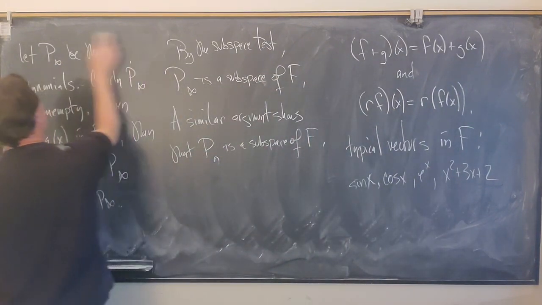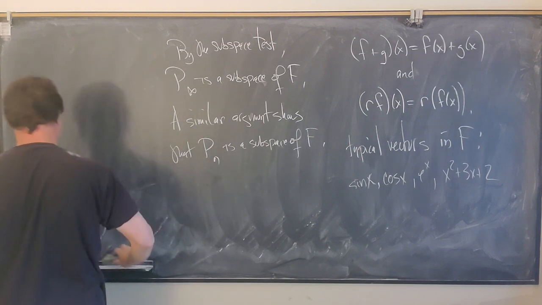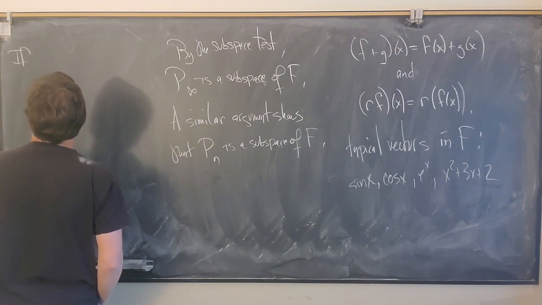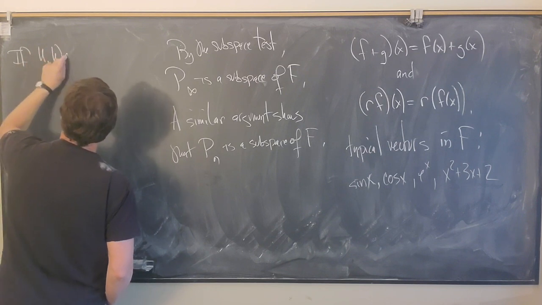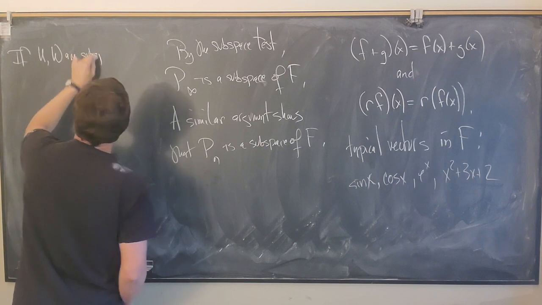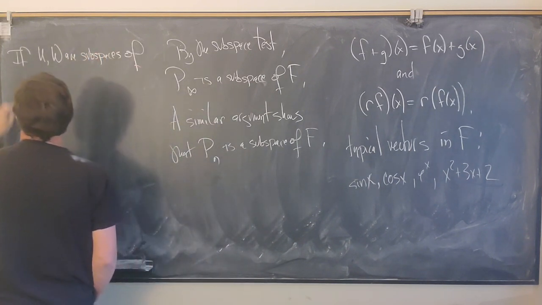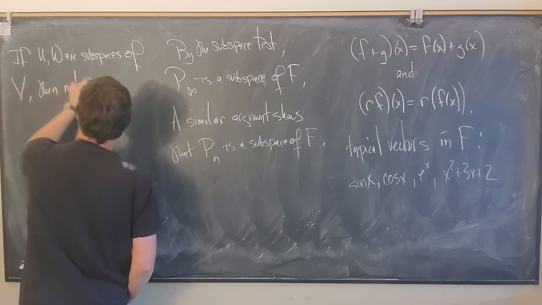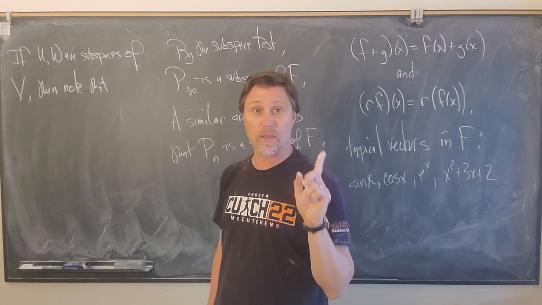A couple more facts that we need here. If U and W are subspaces of V, then note that they're both vector spaces, which means that they have to contain the 0 vector.